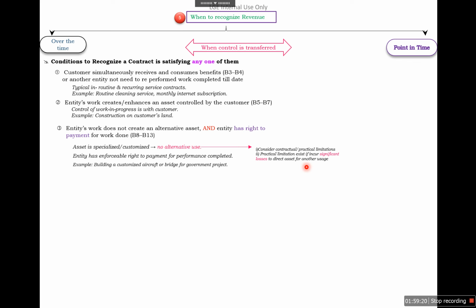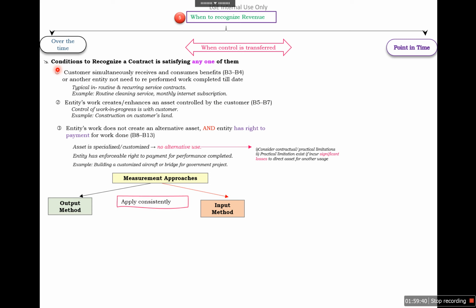So when we find out that the control is transferred over time, we need to measure how much revenue we need to recognize. There are two methods: one is the output method, another is the input method, and whichever we choose based on the best estimate, we need to apply it consistently.